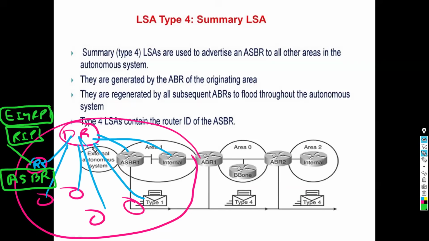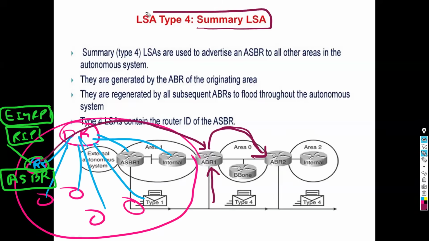Now my point is, when this ASBR update reaches the ABR router, the ABR router will send the ASBR information to any other area. This type of update is called what?